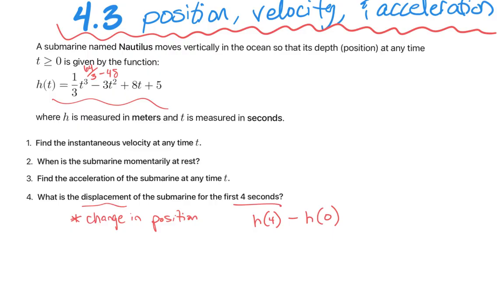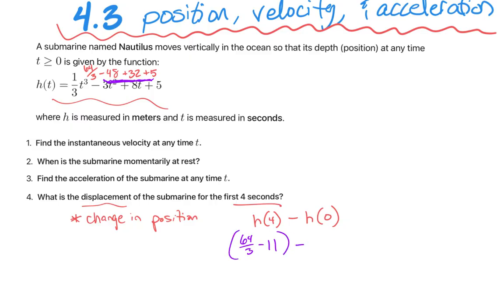And then plus 8 times 4, 32, plus 5. If I combine like terms, h of 4 is 64 thirds. Negative 48 plus 32 is negative 16, plus 5 is negative 11. I don't have a calculator in front of me, so that's the best I can do.